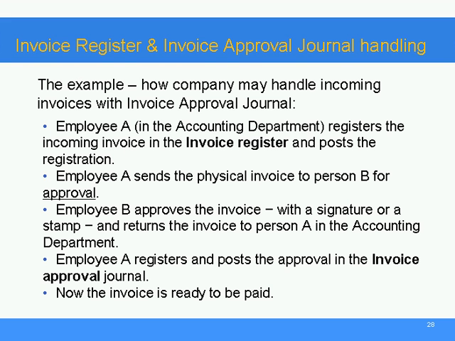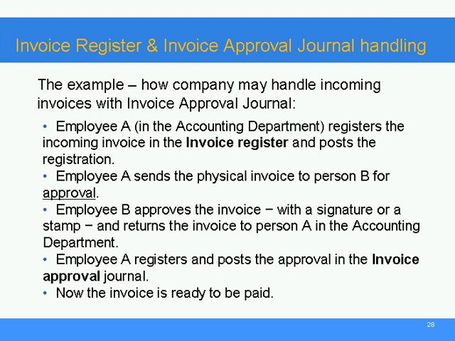Employee A sends the physical invoice to person B for approval. Employee B approves the invoice with a signature or a stamp and returns the invoice to person A in the accounting department. Employee A registers and posts the approval in the invoice approval journal. Now the invoice is ready to be paid.